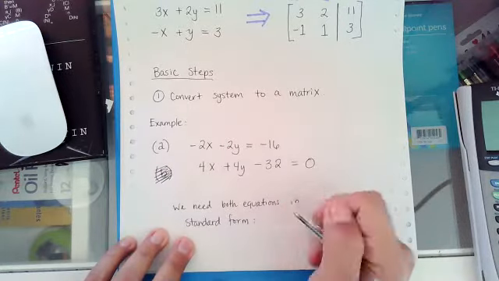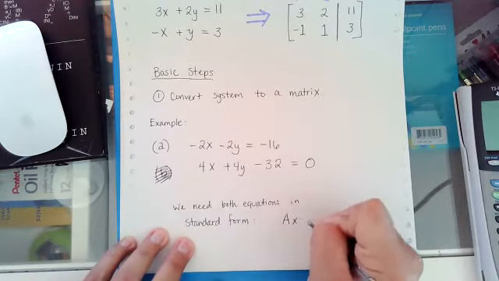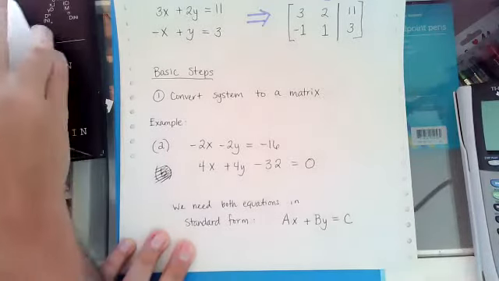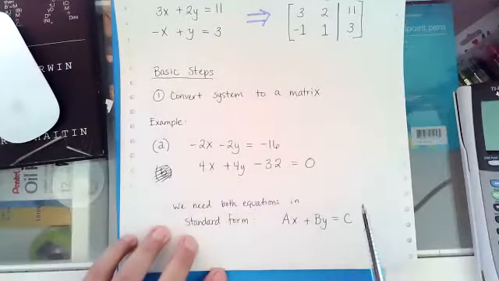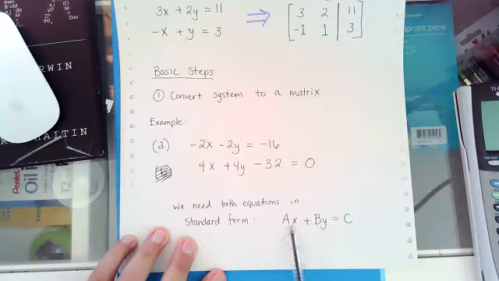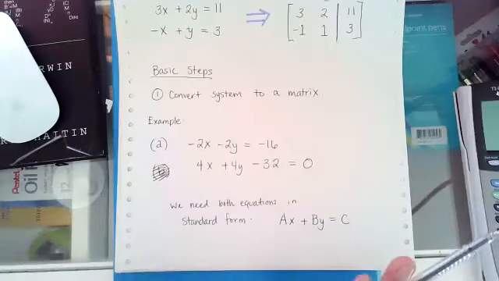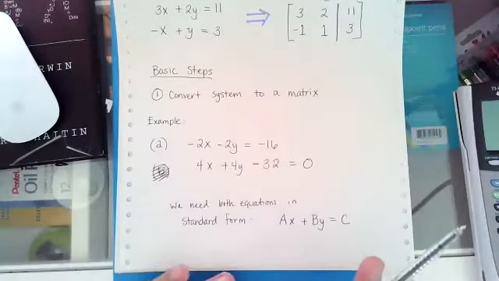Standard form, if you recall, looks like ax plus by equals c. So we have to get the x and the y on one side of the equation and then throw the constant over to the other side using all the principles that we've learned about manipulating linear equations.